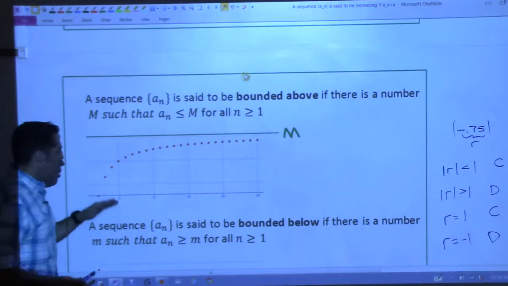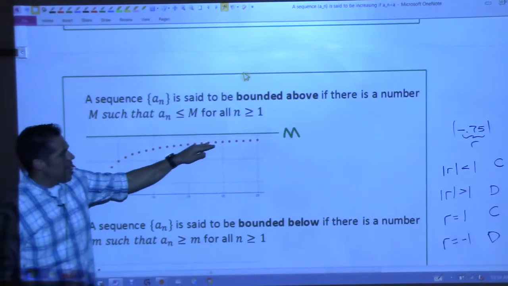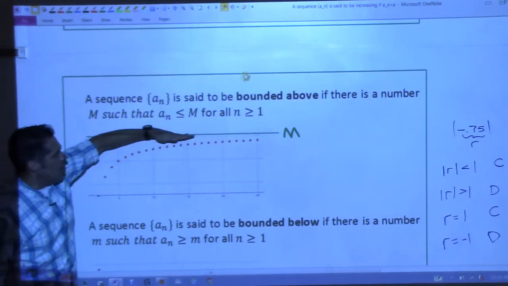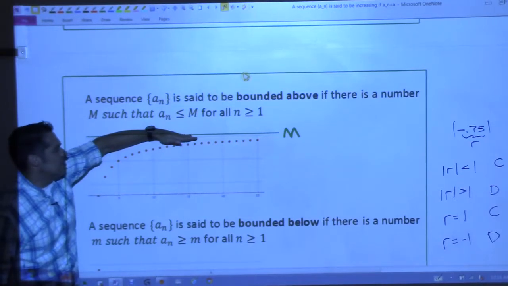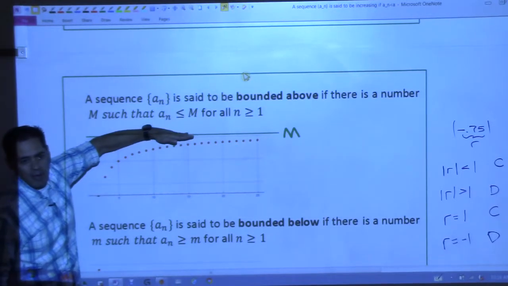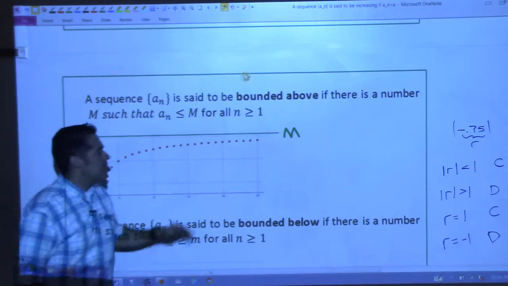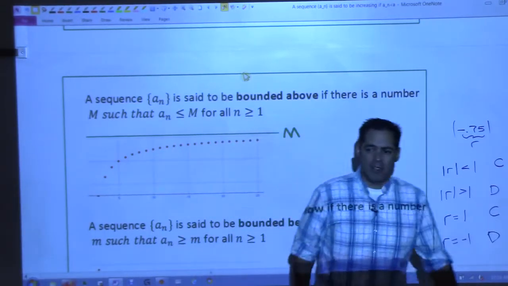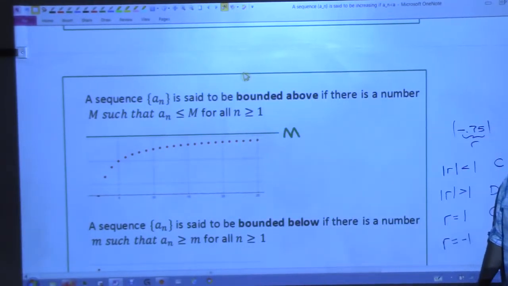So if we draw our sequence, the sequence always stays below, or it could touch the M, but it cannot go above it, all right? Then that M would be what we call an upper bound, and we would say the sequence is bounded above, all right?